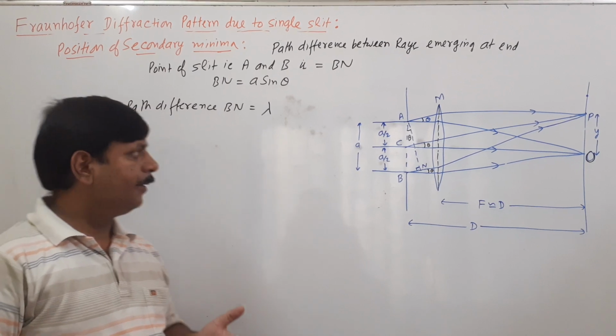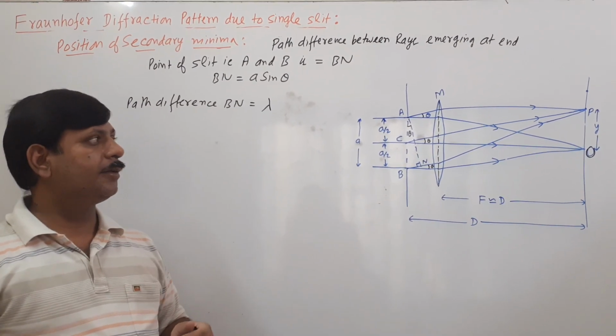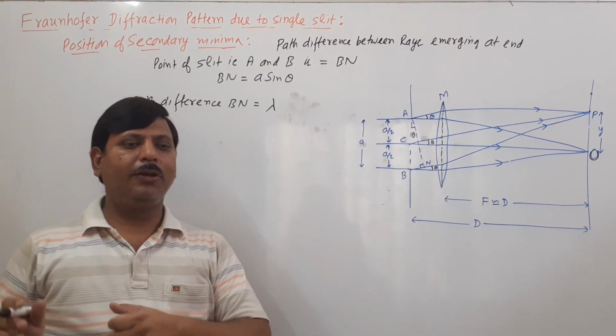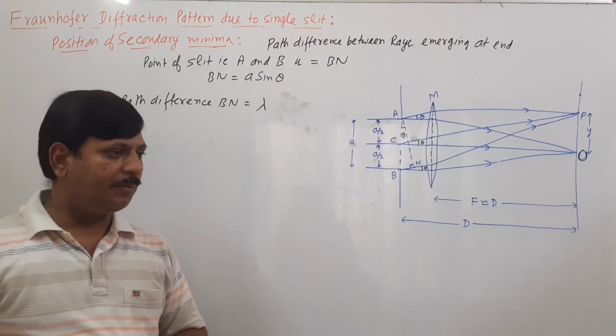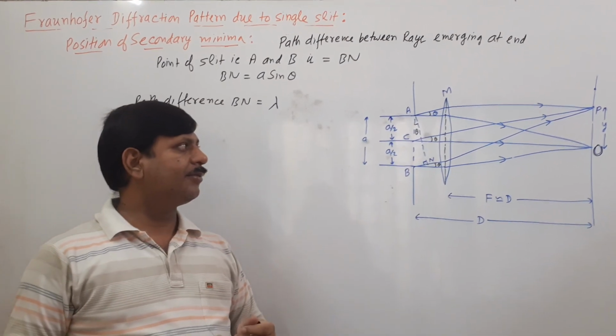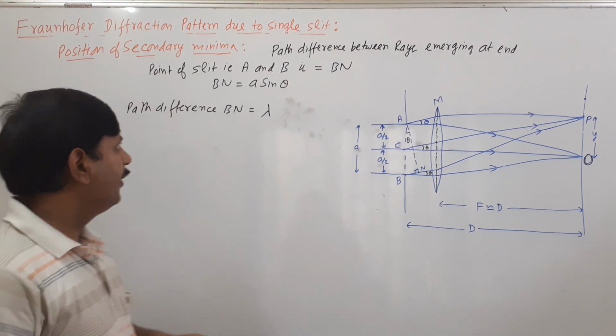Another we have seen, when Bn is equal to 2 lambda, then also point P has minimum intensity. So we can say at the position of secondary minima, or Bn is equal to 3 lambda, then also P is the point of minimum intensity.